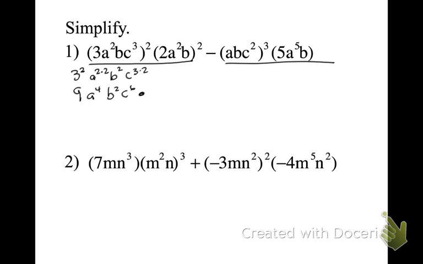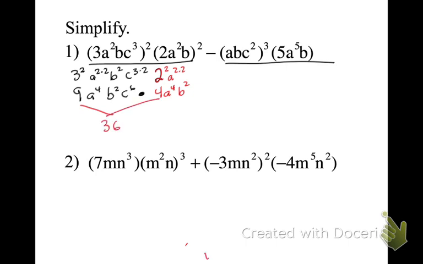Now, notice it's multiplied by 2, let me switch colors. 2 to the second, which is 4. A to the second times the second, which is a to the fourth. B to the second. Now I'm going to keep simplifying that. Remember, our coefficients get multiplied. 36.